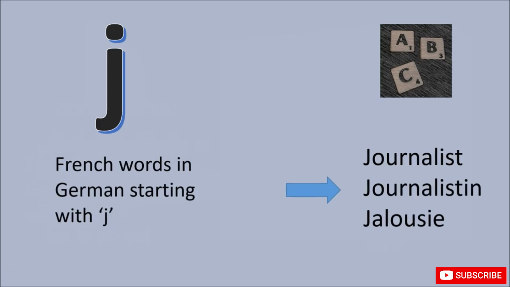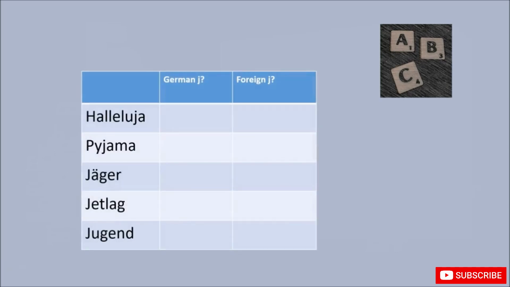French words in German starting with J are pronounced like the French word journalist, journalistin, jalousie. So, is this a German J or a foreign J?